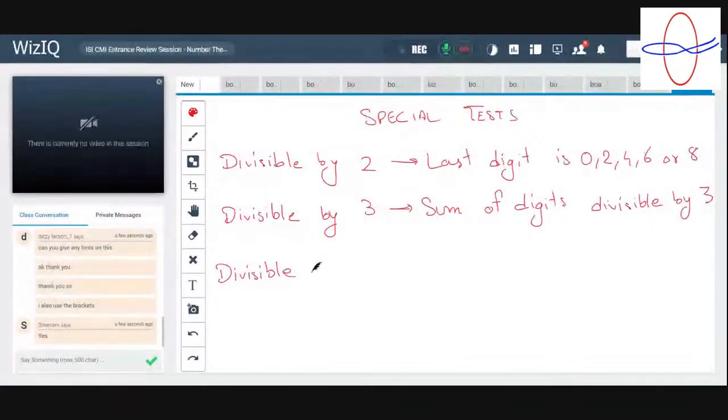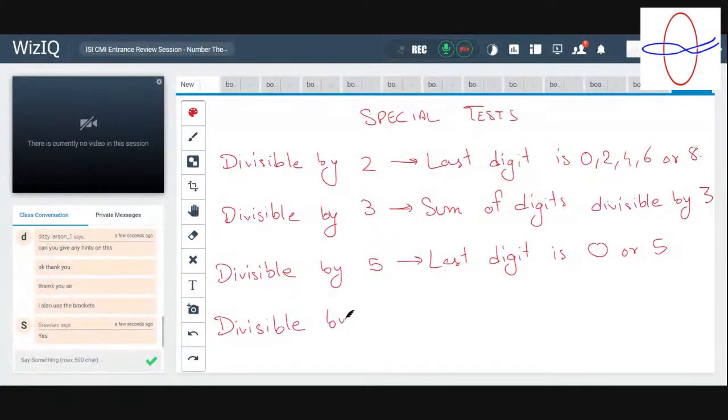Divisible by 5 would mean last digit is either 0 or 5. Then you also have divisible by 9, which is sum of digits.